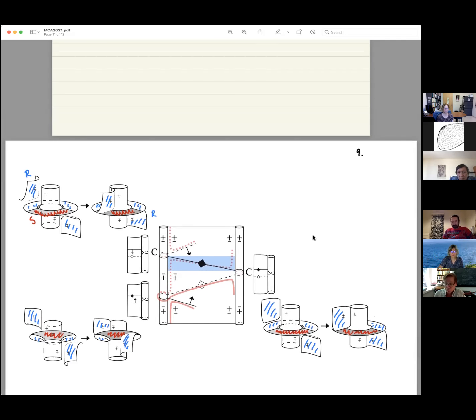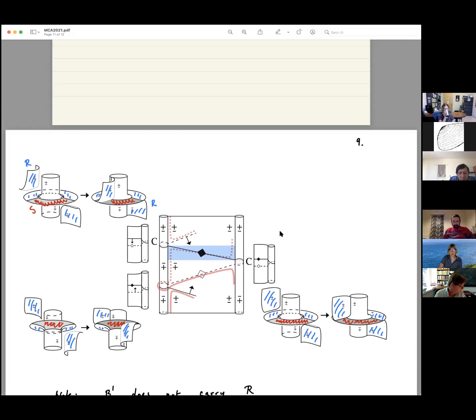And if one looks at the picture and is used to thinking about sutured manifolds, and you want to keep track of the sutures, those are what are marked in the red. So we have this dashed suture that's going on and joining whatever was going along the A of boundary R before.